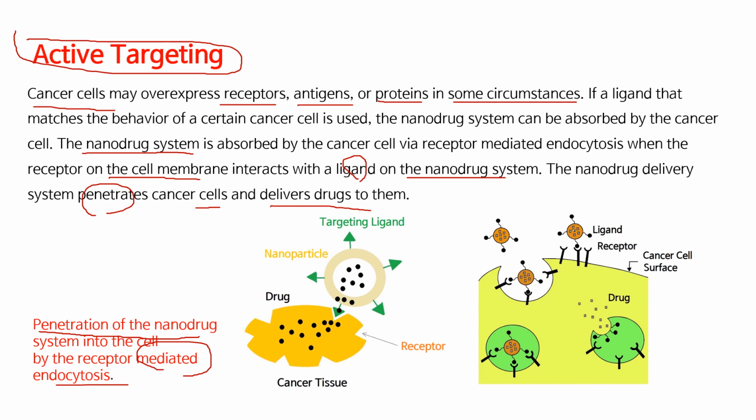So if we use the targeting ligand, and the receptor of the certain cancer cell interacts with the targeting ligand, then it can be absorbed by the cancer tissues, and inside it the drugs are released and the cancer cell can be eliminated.